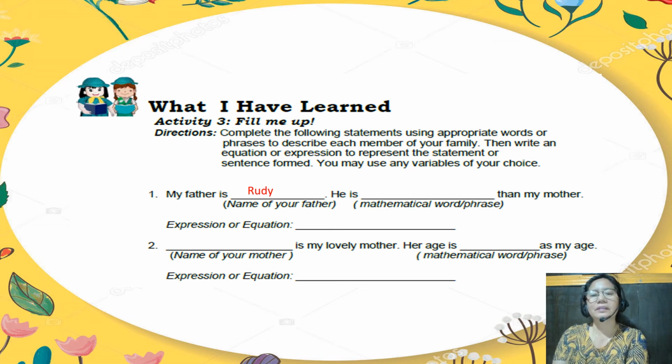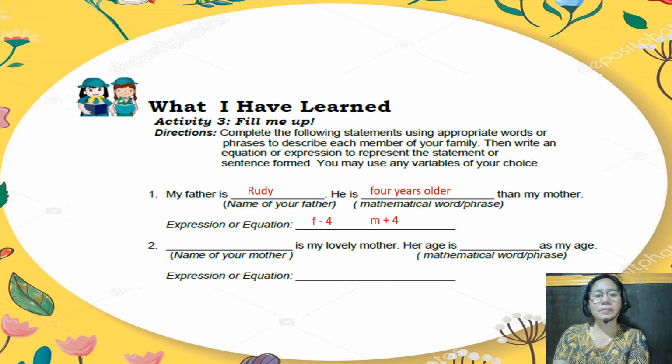He is 4 years older than my mother. So what expression or equation can I write? It could be f minus 4 if it is the age of my mother, and it could be m plus 4, another expression for the age of my father.